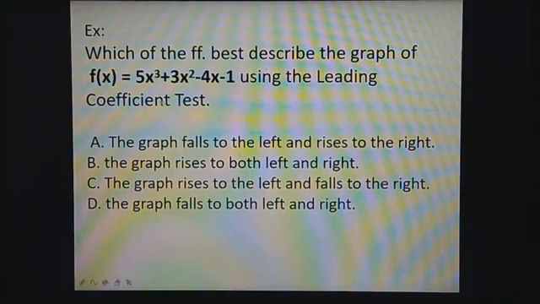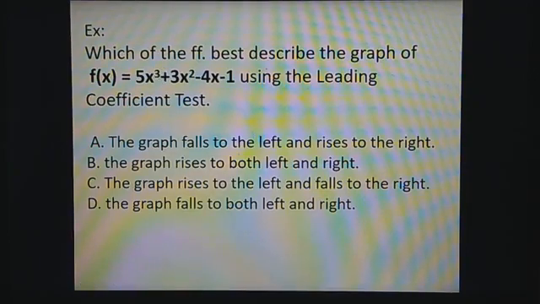Ito ang ating leading term, 5x raised to 3, which means that our degree is 3 and our leading coefficient is 5. So, kung ang degree natin ay 3, ang degree natin ay odd.